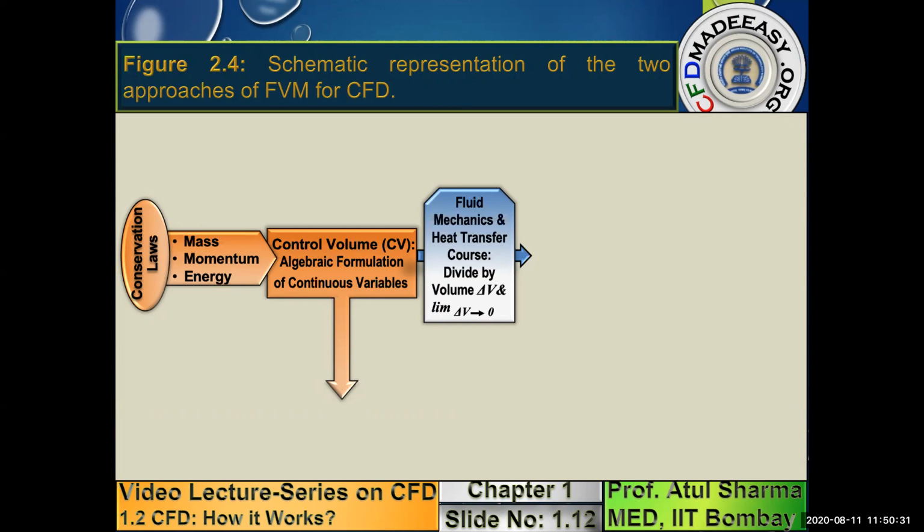Basically, first you write capital Qx, and then you convert into small q, where small q corresponds to the heat flux. So capital Qx you write in terms of small qx, and in 2D, the associated area is delta y. So you basically multiply the fluxes with the surface area.